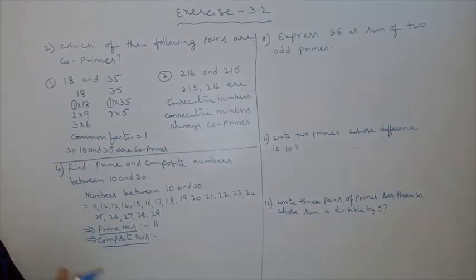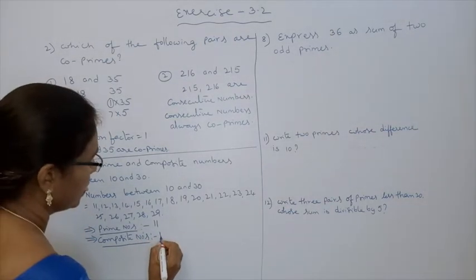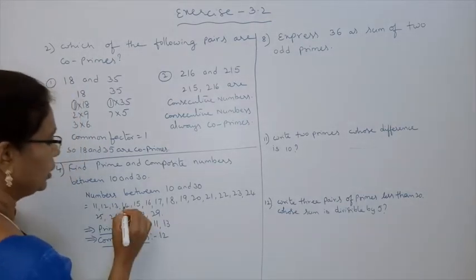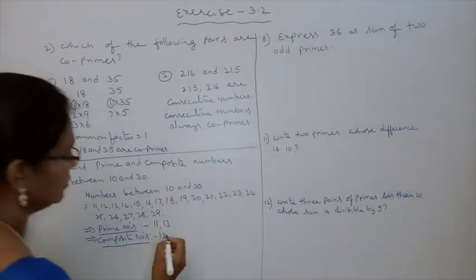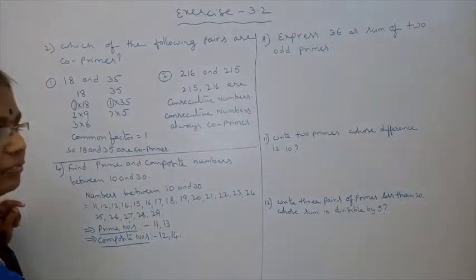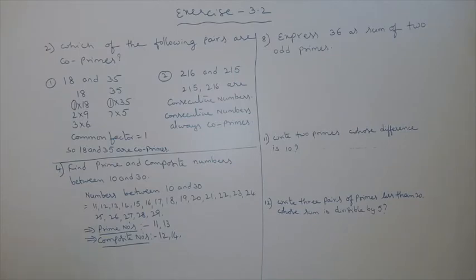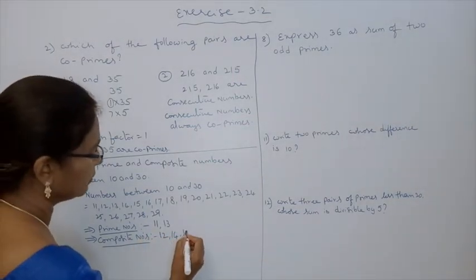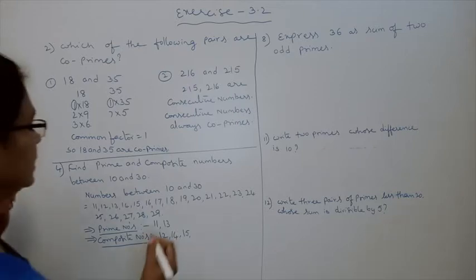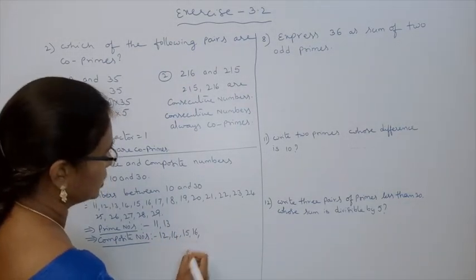Next 12: 2 goes, 3 goes, 4 goes, 6 goes, so it is a composite number. 13, prime number. 14: 2 goes, 7 goes, so composite. 15: 3 5s are 15, 5 3s are 15, 15 1s are 15, more than 2 factors, so 15 is also composite. Next 16: also composite because 2 is a factor, 4 is a factor, 8 is a factor.